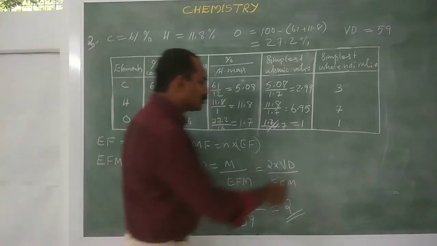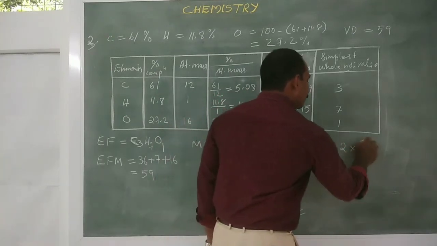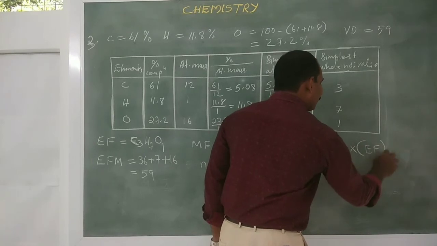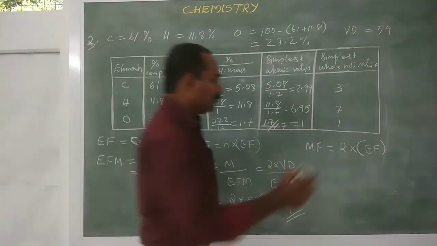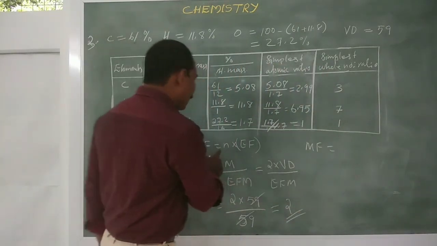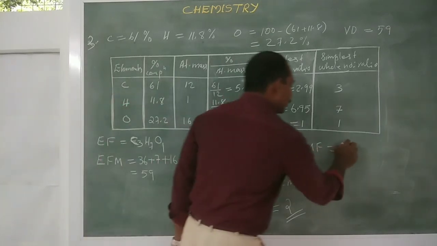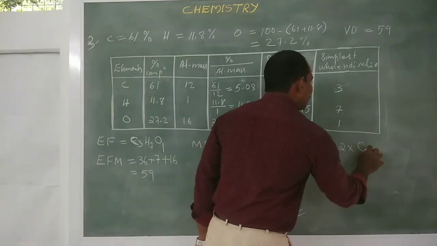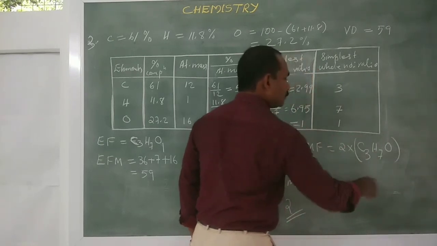Then the molecular formula is equal to 2 into the empirical formula, so 2 into C3H7O1.